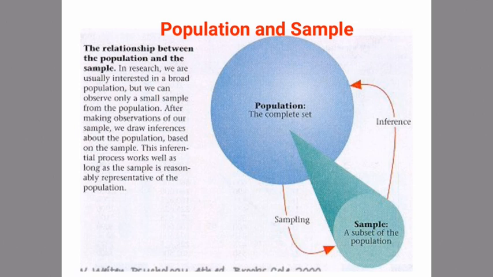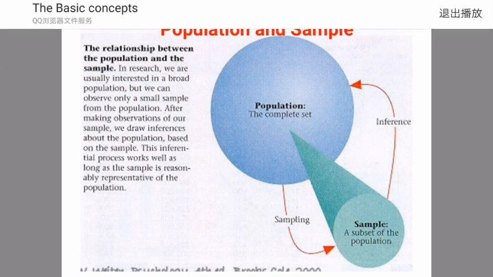Maybe we don't have enough manpower to research each observation in this set. So we randomly select part of the subjects to research. The part of the subjects that was selected from the population is a sample. It is a subset of the population.